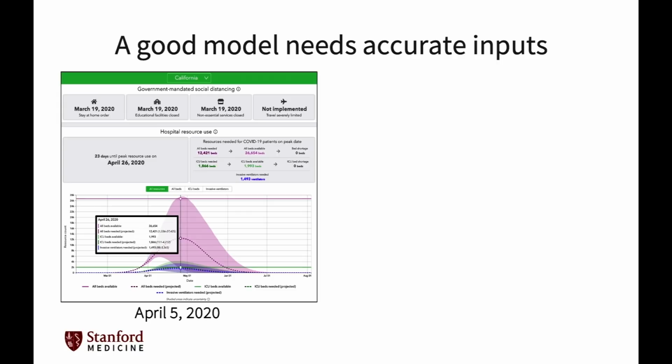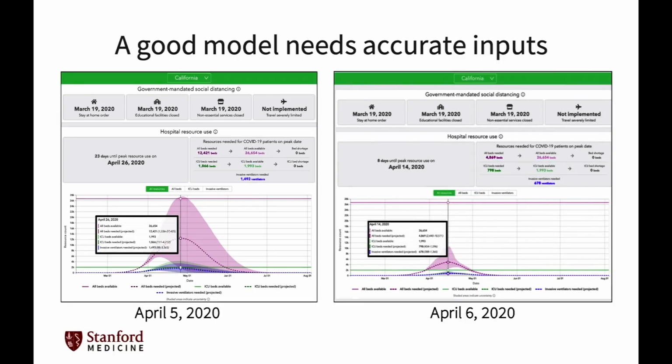Now if you look at the model on the next day, April 6th, when the authors factored in the input regarding social distancing and its effect, you can see that the model now predicts a peak at about April 14, with a significant reduction in the bed resource needs, ranging from about 2,500 to 10,500.